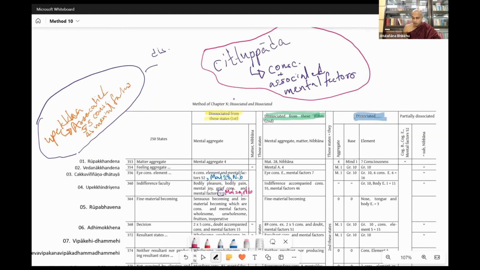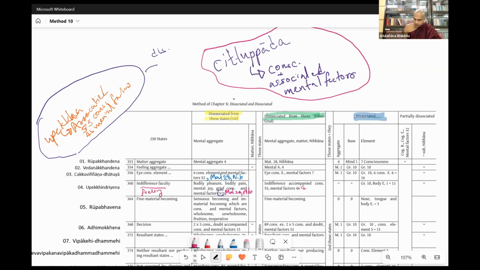So now here we see this is the Chittupada, the Upekha Chittupada, where the indifference, the equanimity feeling, is associated. It is this Chittupada, right? But when you compare the state of inquiry, it's only the feeling, right? The feeling mental factor, right?